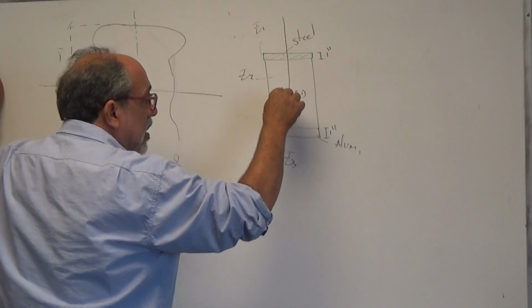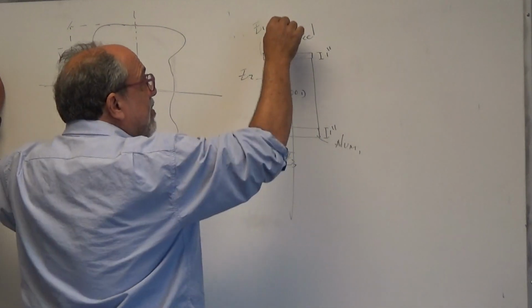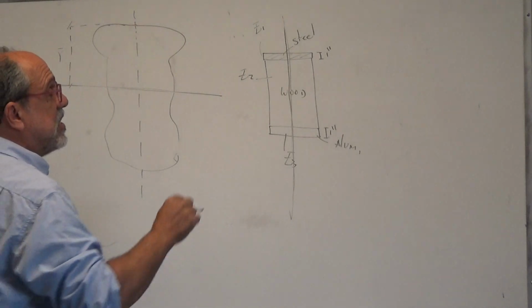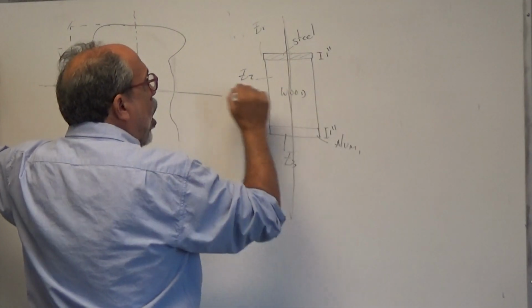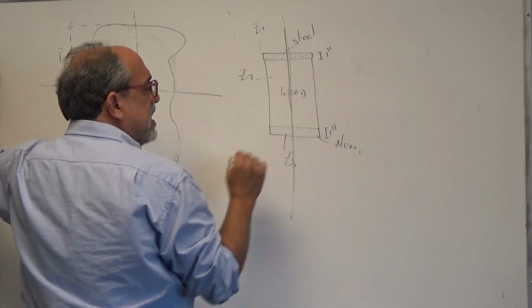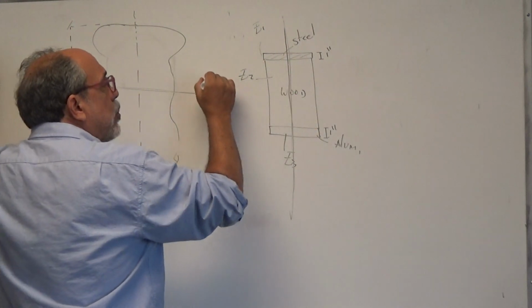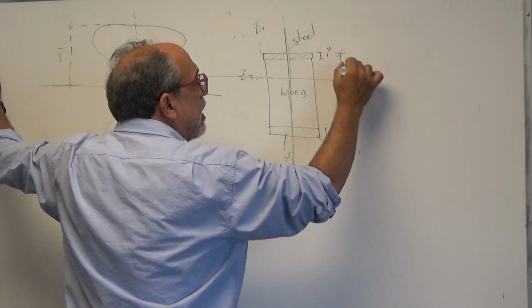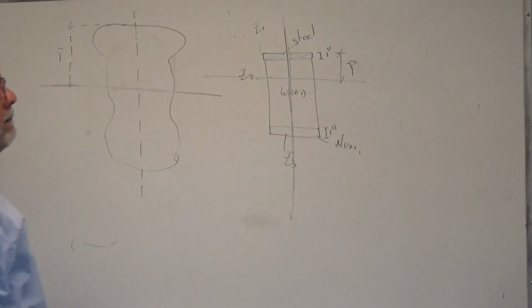Yes, it is. Because about this axis, everything is the same on that side and on this side. But is it symmetrical about the middle here? No, because the geometry may be the same, but this is steel and this is aluminum. So we again do not know where this axis is and it must be calculated. Okay?